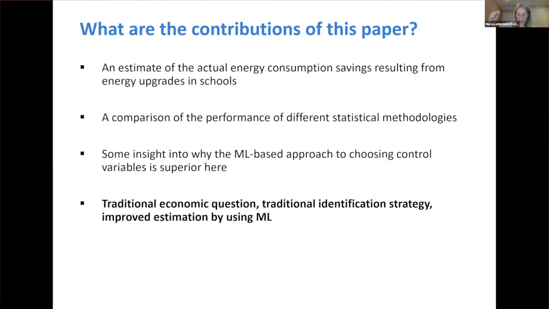And we probably don't have theory that can guide the specific functional forms or interactions that we should or shouldn't include. So theory is still guiding the set of variables they make available to the algorithm. There's a reason they're choosing socioeconomic, weather, and other school characteristics. But for that last step of deciding which combinations are most predictive of a school's energy usage on a day, they are delegating that to the model to learn.